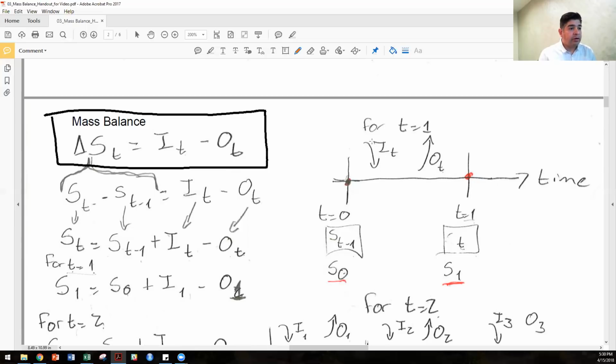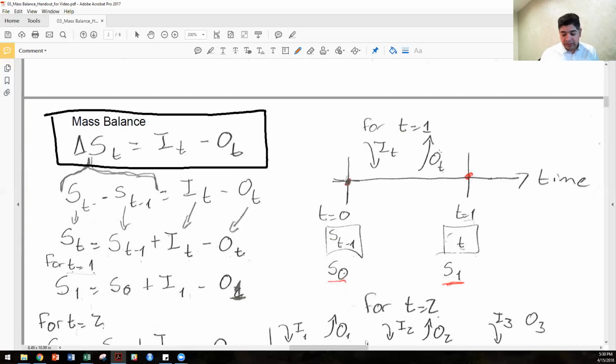For a period of time, let's say 1 month or 1 year, we start with an initial storage in a control volume. We can define the control volumes in different ways, and I'll explain how. We put some water in, and then out of that same control volume, out of that bucket, we take some water out.